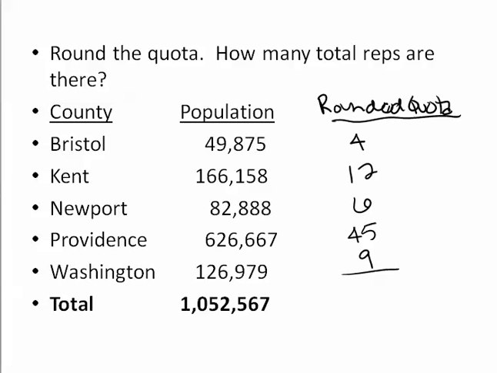Add those up to see how many total representatives we've assigned. We've given a total of 76 representatives. Again, the basic premise of this problem was that there were 75 seats available. So we need to figure out what happens with the seat that we overassigned.